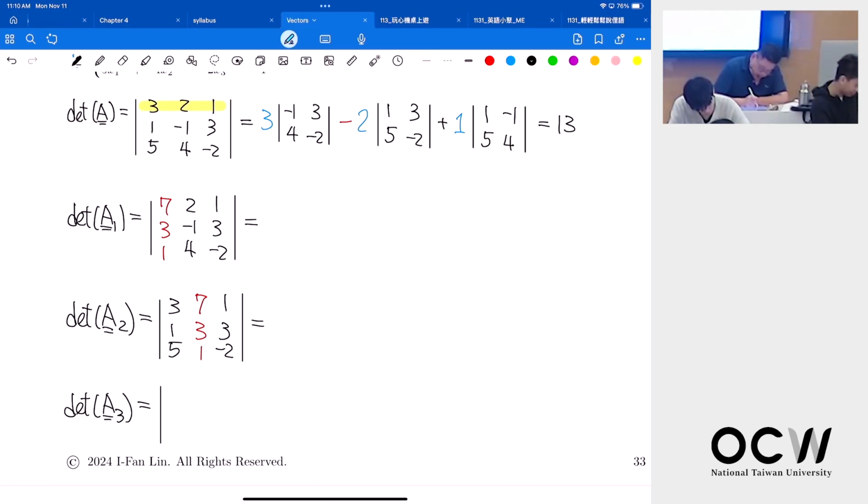And the determinant A3: 3, 1, 5, 2, minus 1, 4. And then the third column will be vector B.